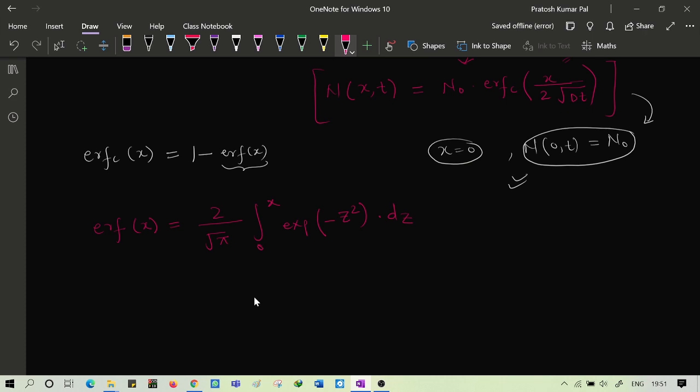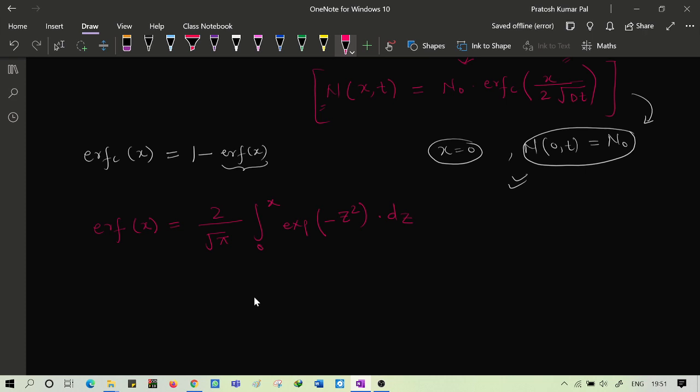With respect to the x and t variables, the diffusion is taking place, and N is the concentration of dopant.